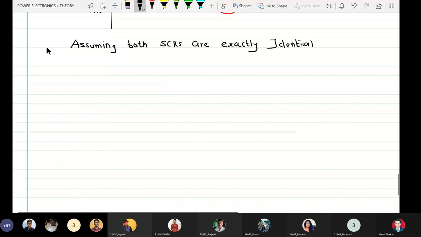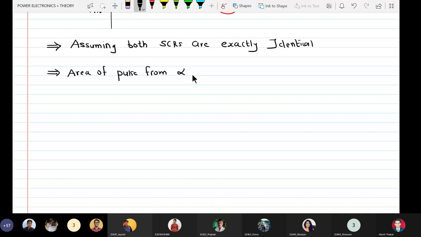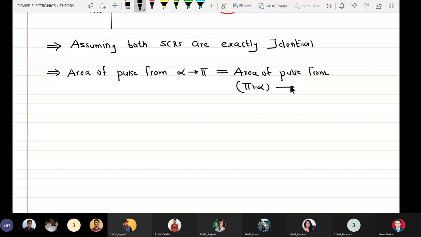Okay. So if I assume that both SCRs are exactly identical, I can say area of the pulse from alpha to pi is exactly equal to the area of pulse from pi plus alpha to 2 pi.